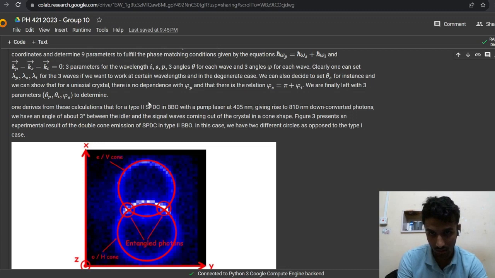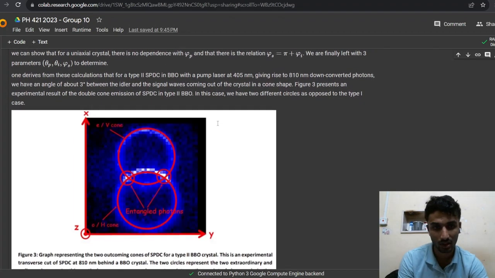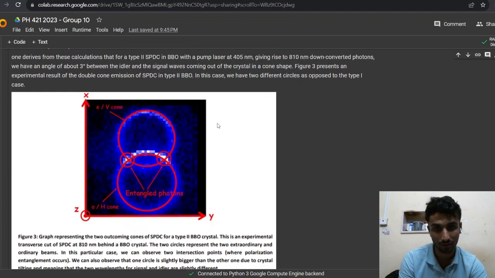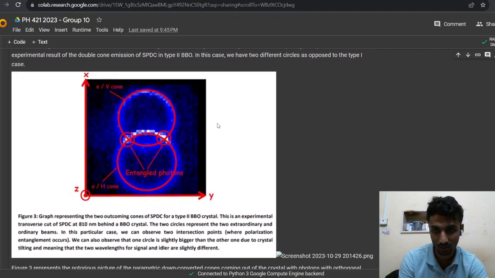For calculations for type 2 SPDC with a 405 nanometer pump and 810 nanometer degenerate photons, we get a walk-off angle of 3 degrees between the ideal resonant waves. Figure 3 is an experimental result of this specific case.